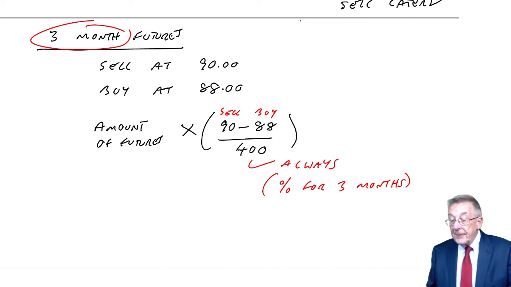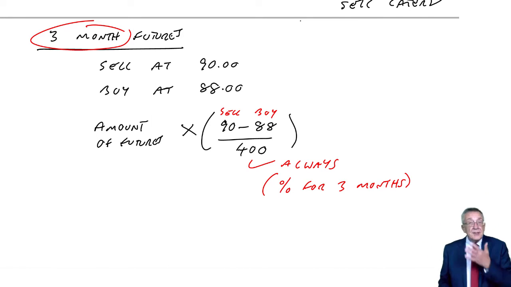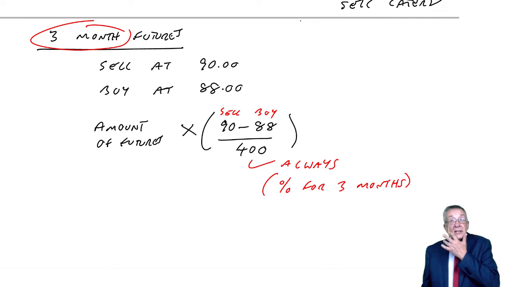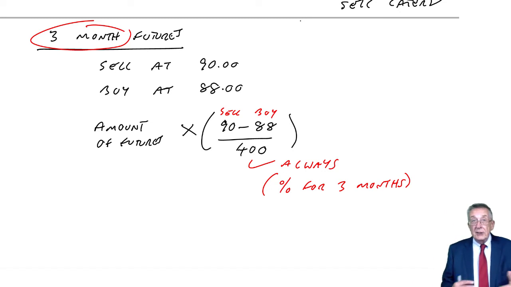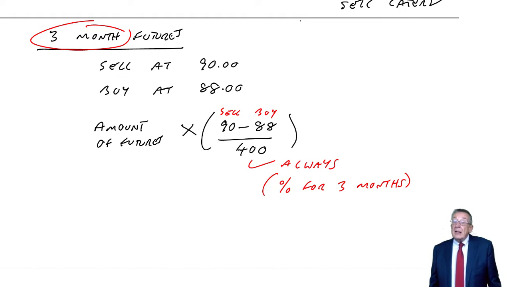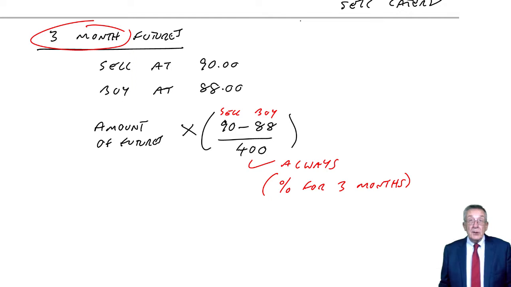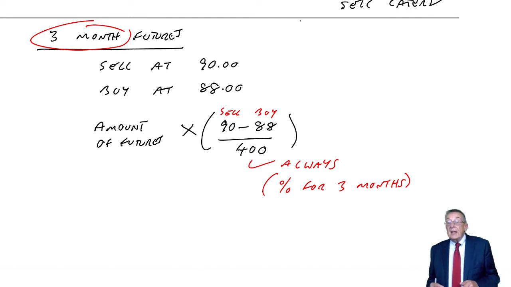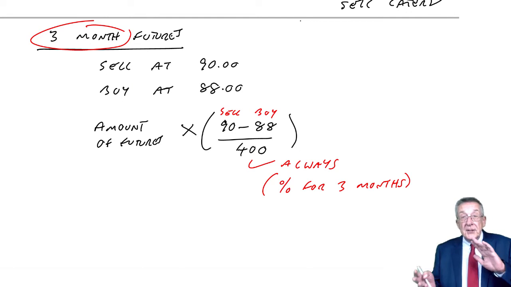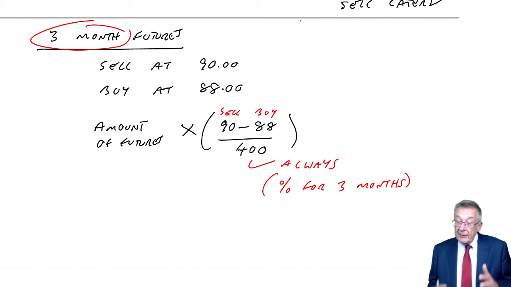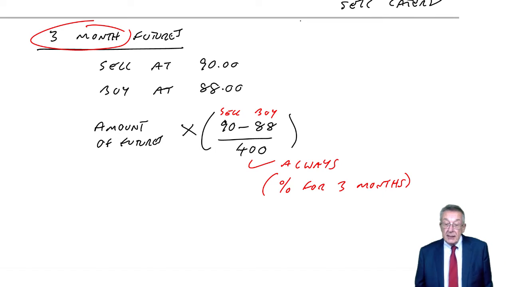But otherwise, there are the two big differences from foreign exchange futures. The way they're quoted, that it's always 100 minus the interest rate, and the fact that when we come to work out the profit, we always take the difference between sell and buy, we always divide by 400 for the reasons I've explained.